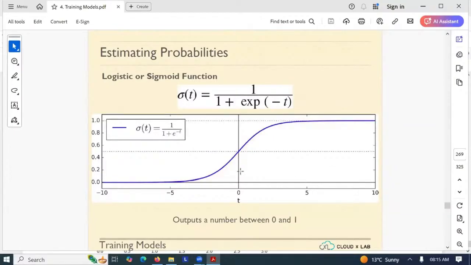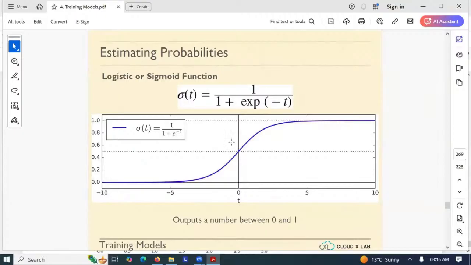For positive t values, the sigmoid function will give values from 0.5 to 1, and for negative values, it will give values from 0 to 0.5. So for all positive values we will get output from 0.5 to 1, and for all negative values of t, we will get output values from 0 to 0.5, right?